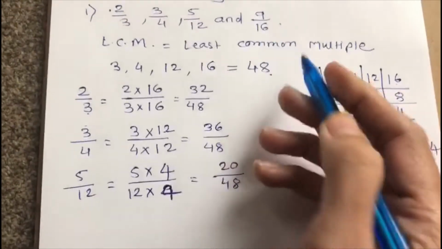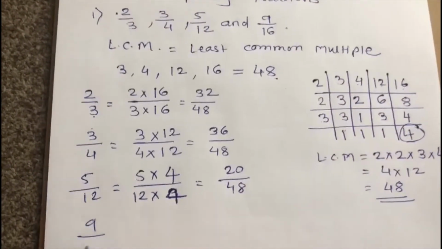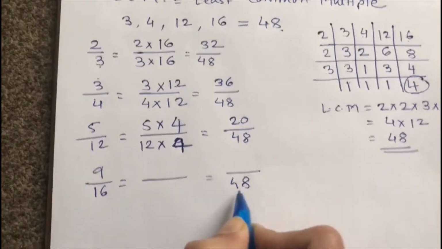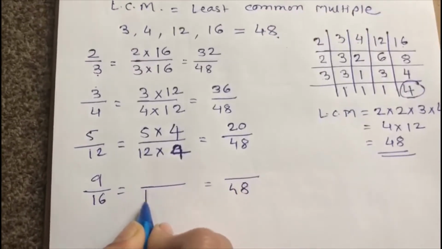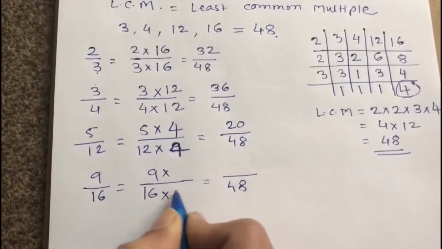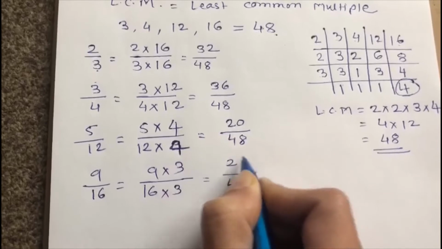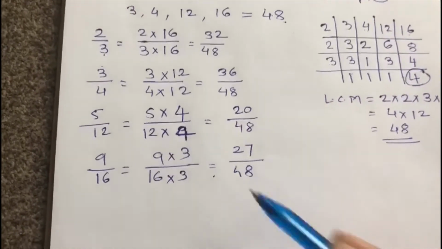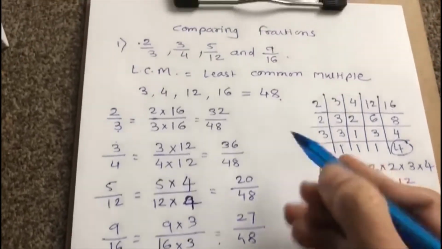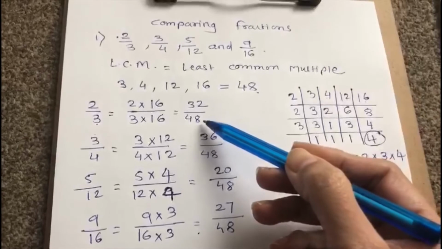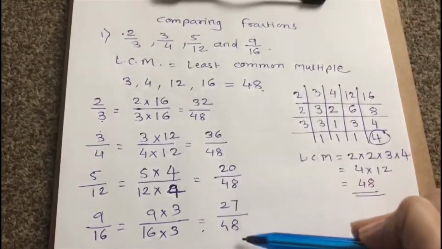The last fraction is 9 by 16. And we want denominator 48. We'll multiply this numerator and denominator by 3. So it comes as 27 by 48. As you see here, now we have got all these four fractions whose denominator is 48.